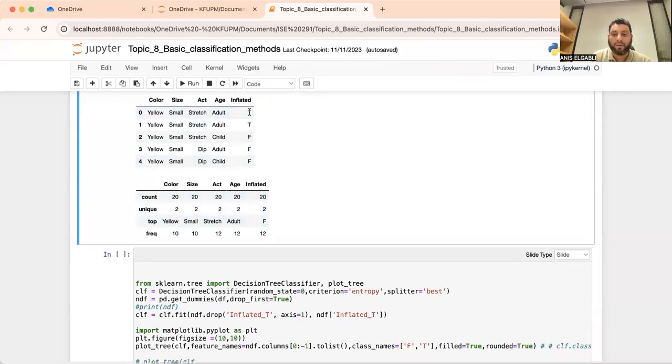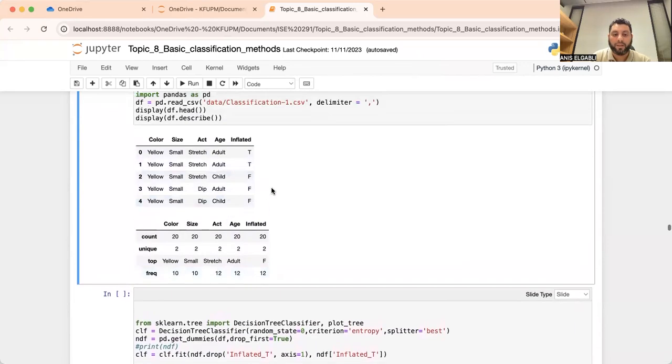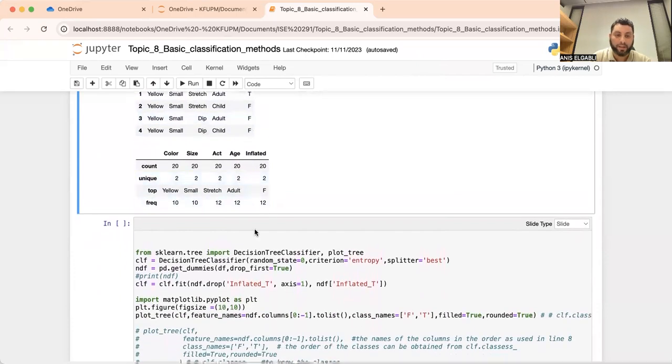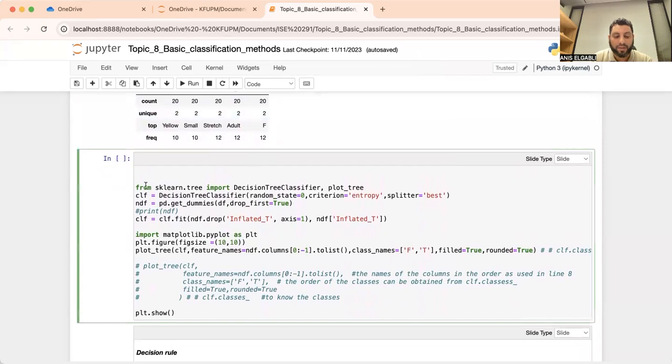We will also encode it using numerical values, because we're going to use a built-in function from scikit-learn. We're going to come to that. Let me just not get ahead of the slides. So here we have the input features, and this is the target variable. From sklearn.tree, we import DecisionTreeClassifier and plot_tree.